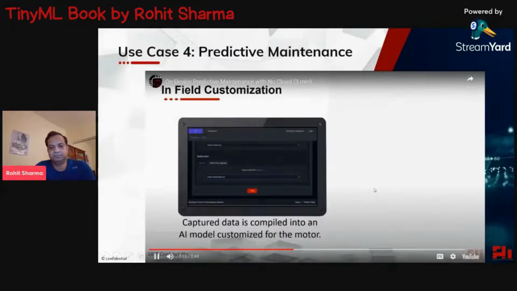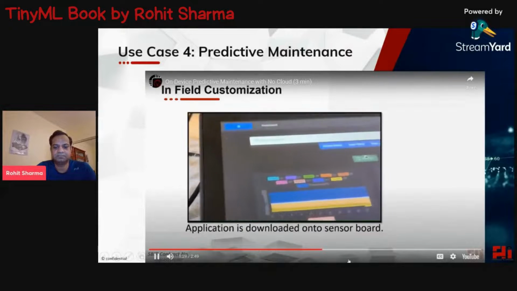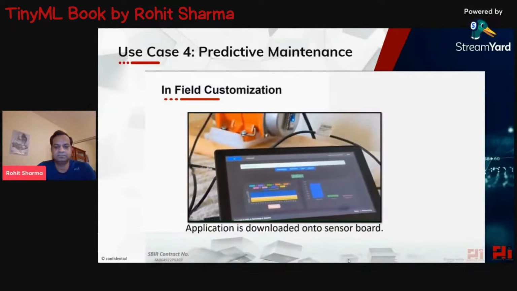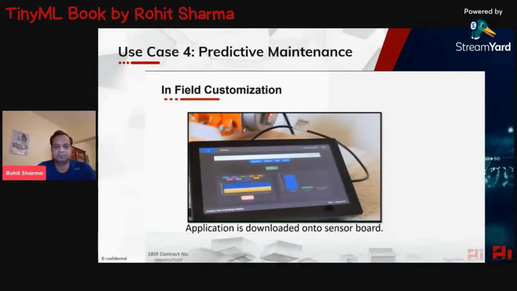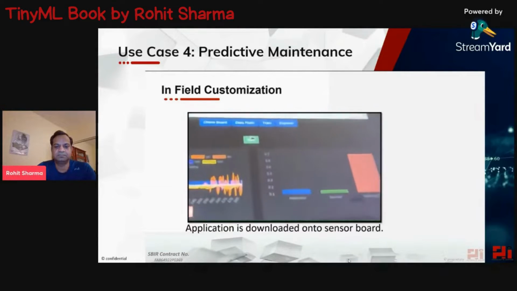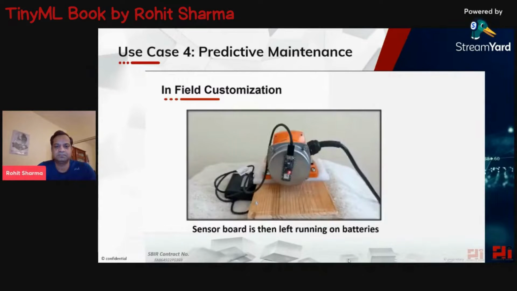With touch buttons, captured data is compiled into an AI model customized for the motor. The AI application is downloaded to the sensor board. Sensor board is then left running on batteries connected to the motor for up to a year.